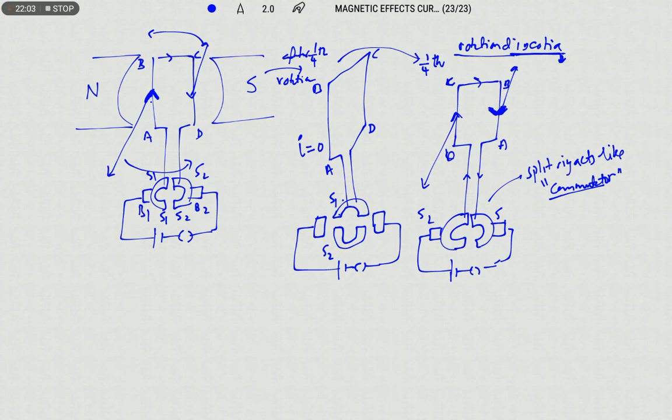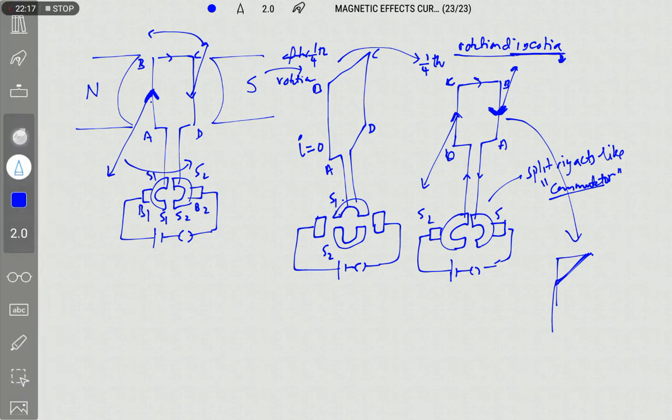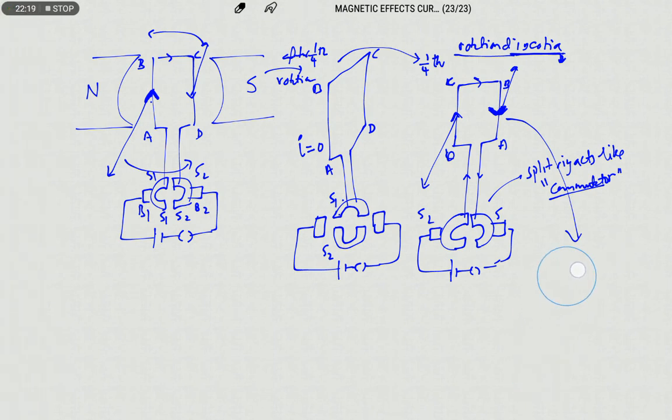Next, further 1/4 revolution. What will happen? For a further 1/4 revolution, the coil will orient like this.